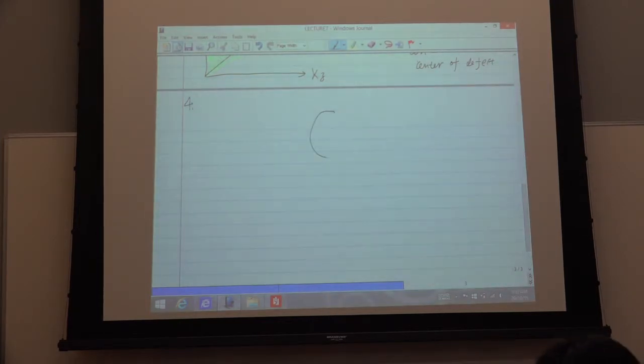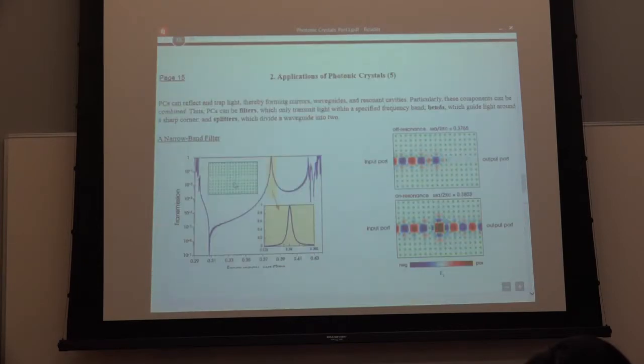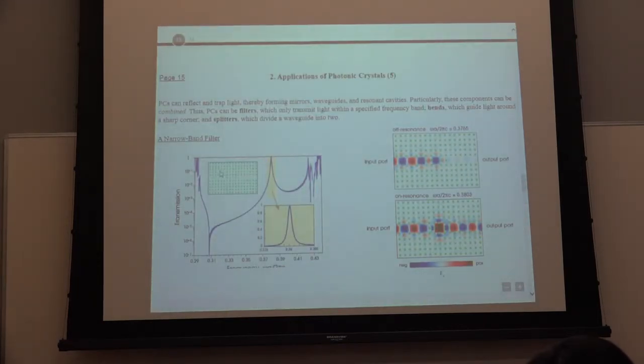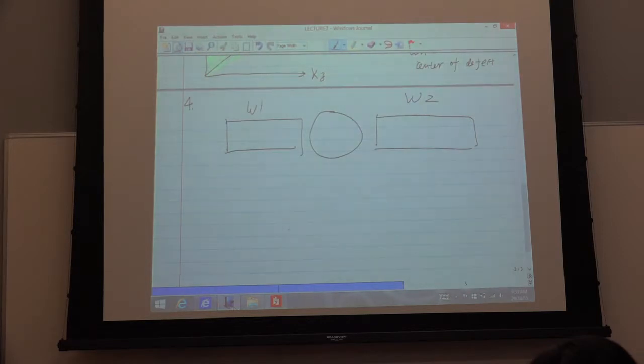This is a cavity. This is waveguide 1. This is waveguide 2. I just draw this cartoon picture: waveguide, cavity, waveguide. We know that it has a coupling, tau 1, and another coupling we call gamma 1.